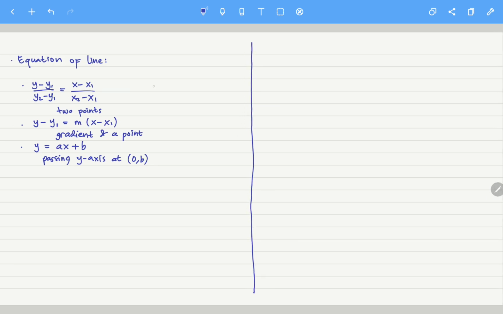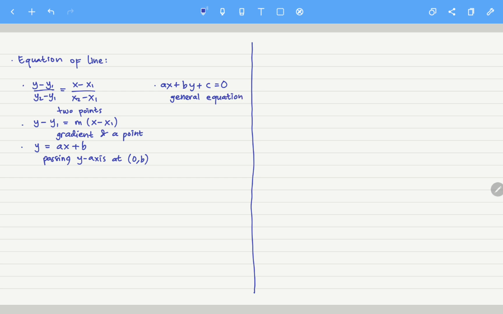And also we can have the following equation of a line: ax plus by plus c equals 0. This is the general equation of a line.